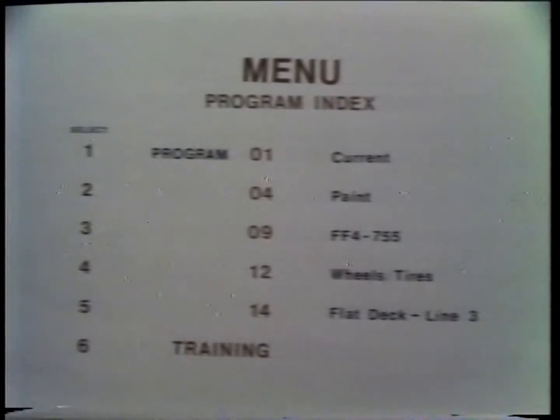Here, a Ford employee explains how the new system works. Now we would like to simulate an exercise of seeking an illustration on the disc player. The operation number we are seeking is 190130. We press the menu button on the disc player. The particular operation we are seeking is in program 01, current. Therefore we press 1, which brings up the general index for program 1.